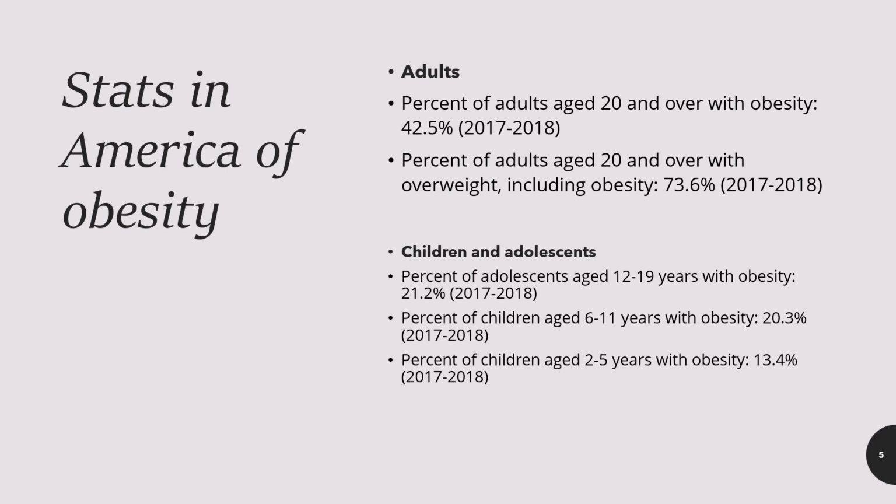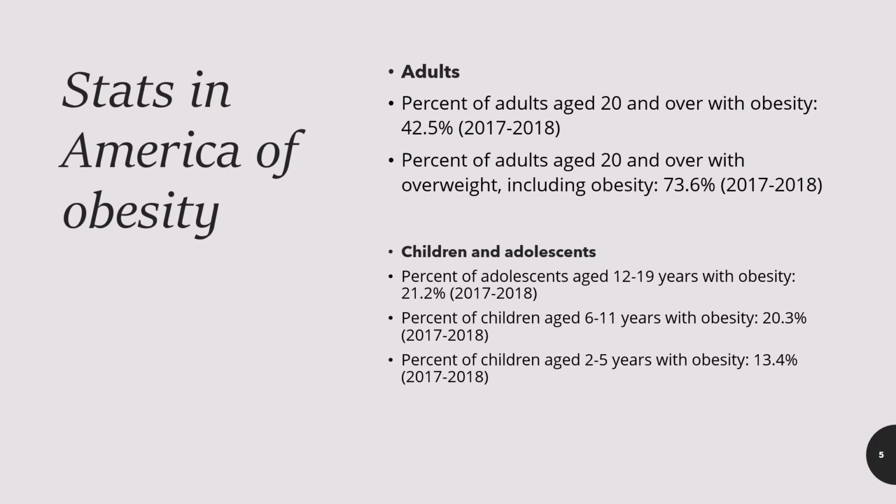That tells you that over 74% of America is considered overweight or obese. In regard to children and adolescents, which is really a problem, 21% of children between the ages of 12 and 19 are obese.